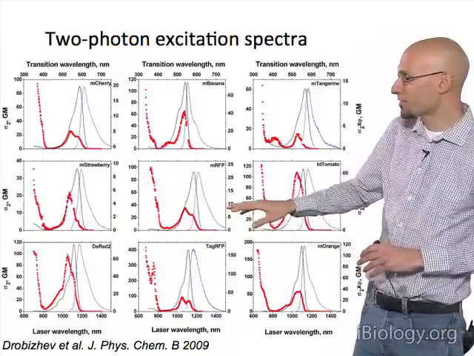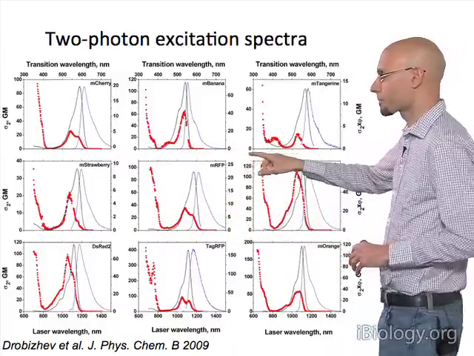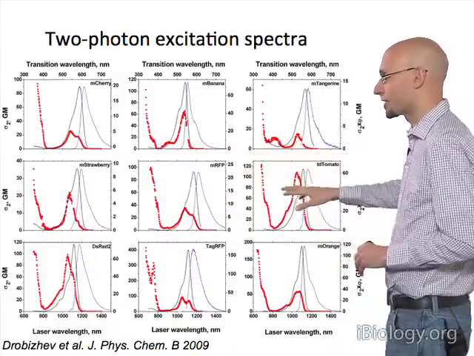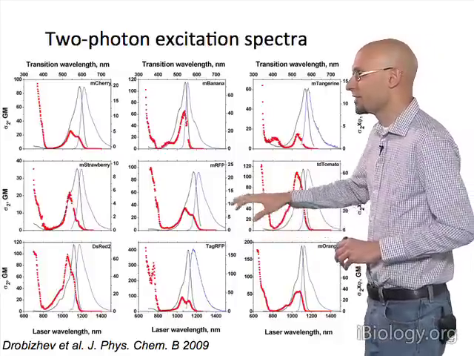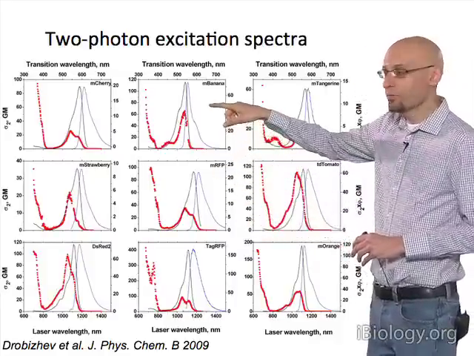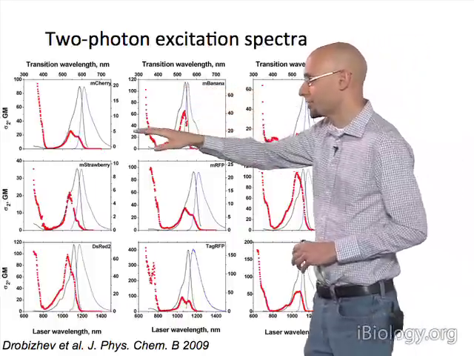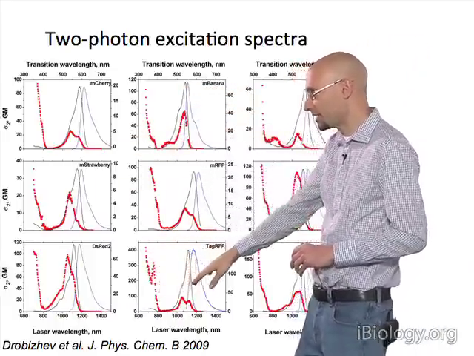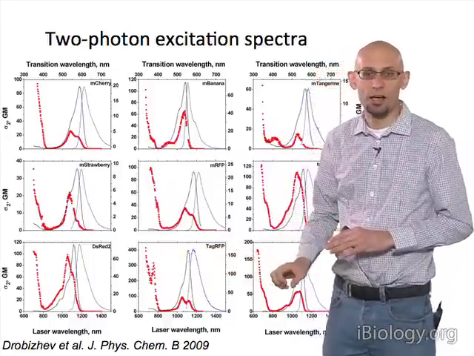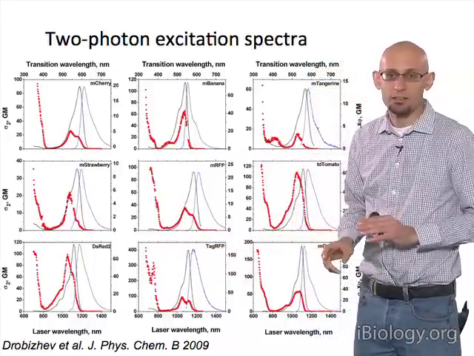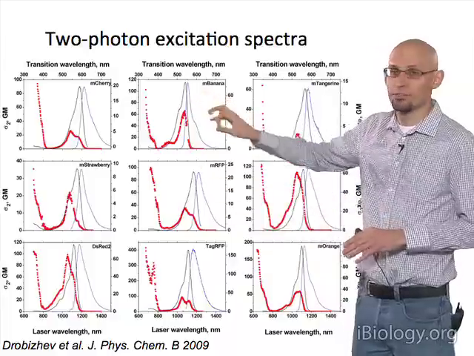And in these red dots are the two-photon excitation spectra. These are plotted in such a way that the one-photon excitation wavelengths are on the top grid here, and the two-photon wavelengths are on the bottom scale, plotted exactly at double the one-photon wavelengths.